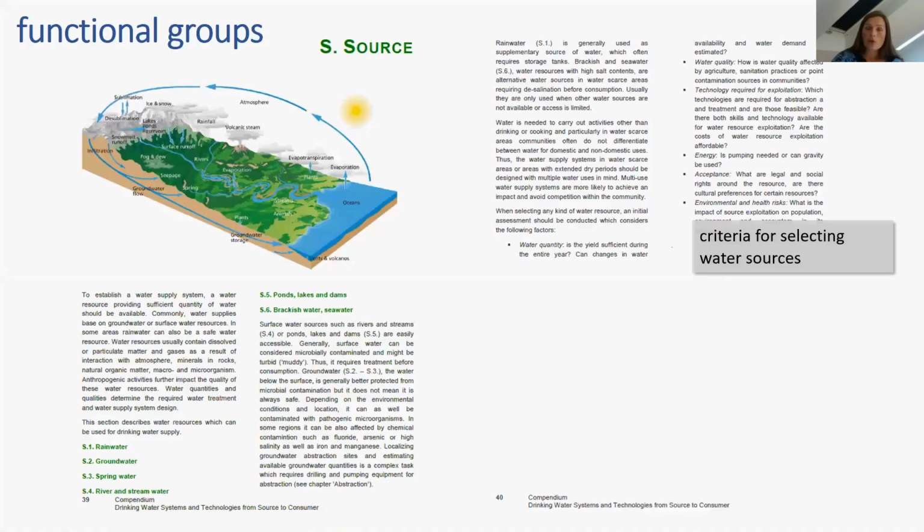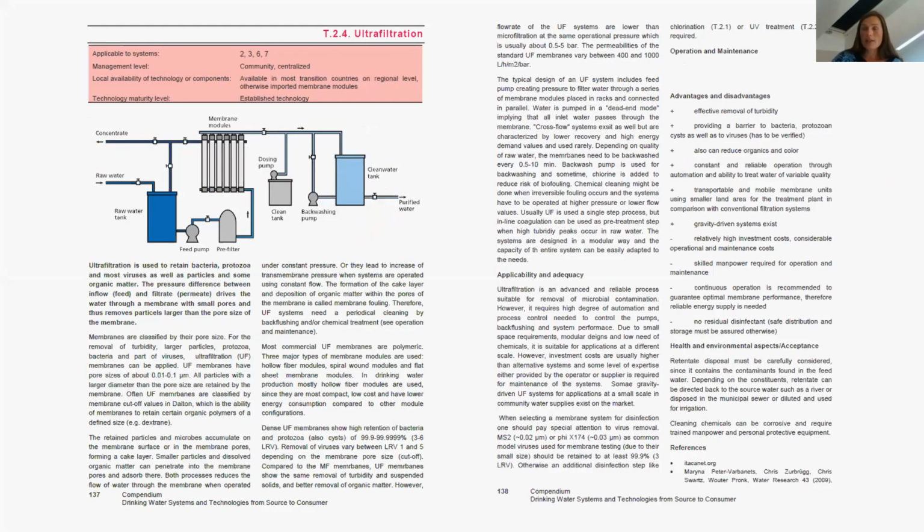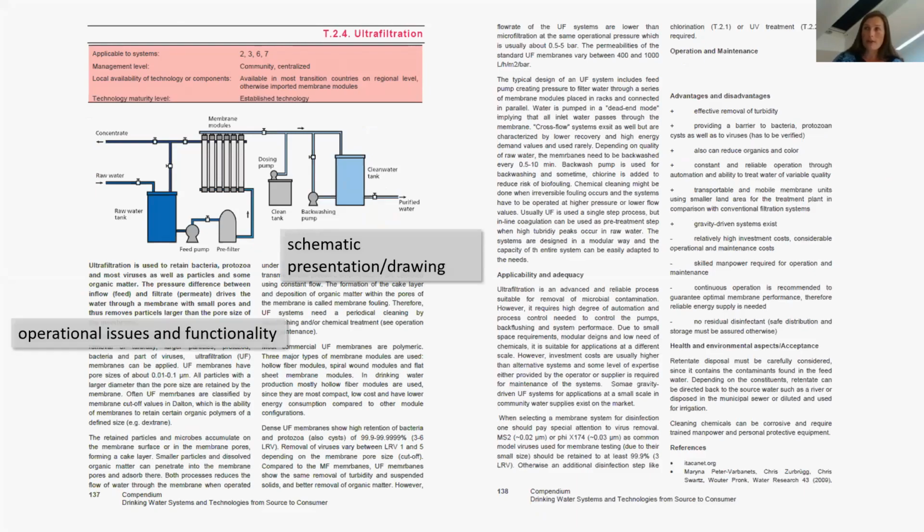To be able to orient a little bit in the compendium, we have the 6 functional groups, and in these functional groups, the introductory chapter explains the background information, what this functional group actually means, and what criteria, for example, you have to take into consideration when selecting a water source or a certain technology. If you look at the single sheets, each sheet is structured in a way that we have a drawing or schematic presentation of one of the options of possible technology. Then we have operational issues and functionality described to understand the technology.